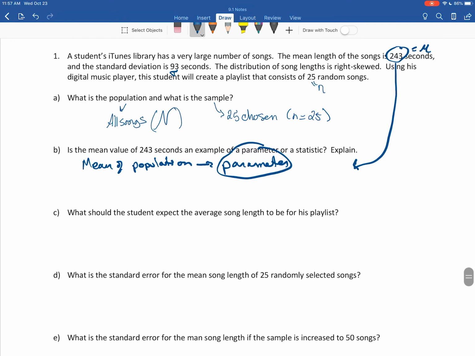So since the overall average was 243 seconds, then the average of my sample should also be 243 seconds. So what do we expect? We expect the mean to still be 243 seconds.